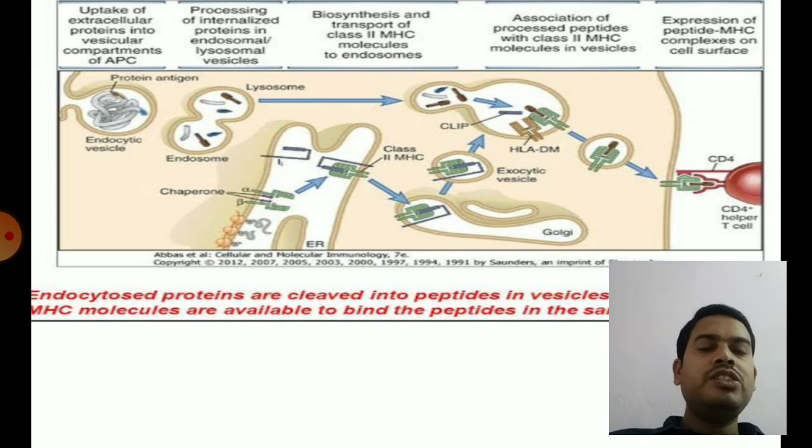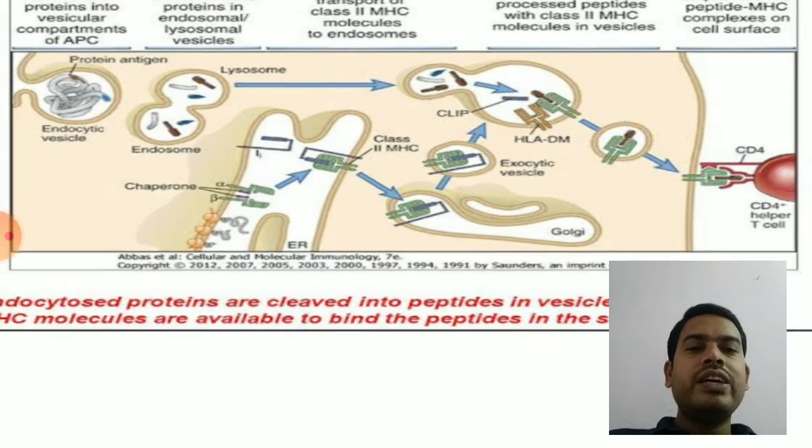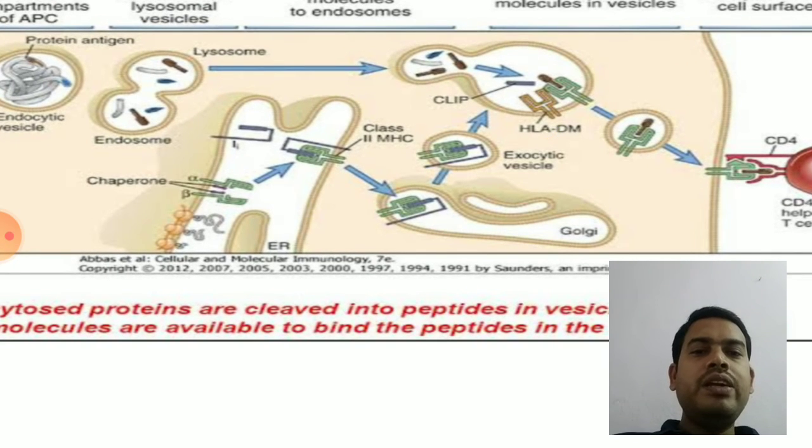The proteasome is used in class 1 MHC; here lysosomes will degrade the antigenic peptides. In the meanwhile, in the endoplasmic reticulum, you can clearly see the assembly of class 2 MHC molecule, and the class 2 MHC molecule also contains an invariant chain. You can see a pin-like structure on the surface of the class 2 MHC molecule, which is called the invariant chain.